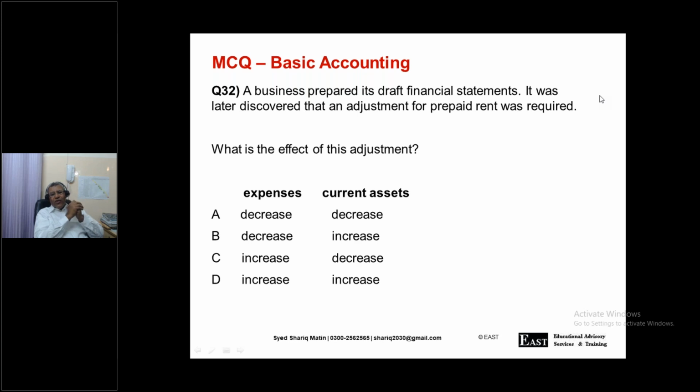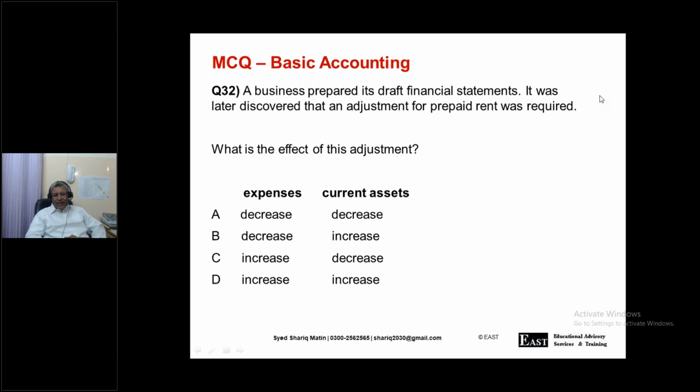Correct. Elia, I'm searching for your voice. Explain it to the classmates. Sir, can you hear me? Yeah, very well. So it is said that an adjustment for prepaid rent was required. What will be the effect of this? If we look at part A, expense will decrease and current asset will also increase.